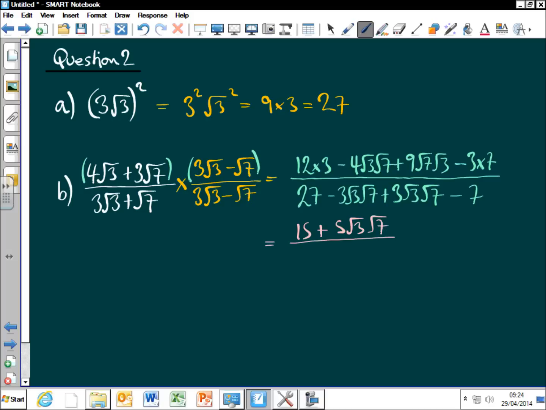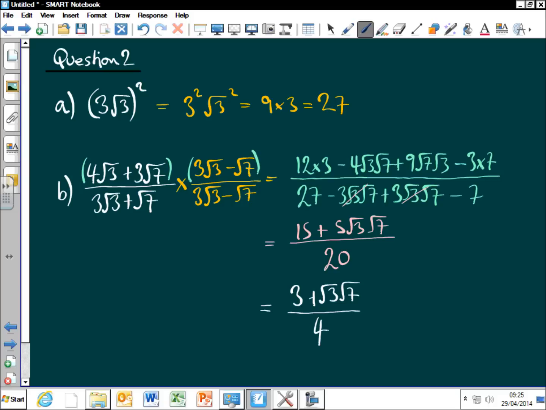Okay, and then on the bottom we'll see that this and this cancel, so I've got 27 take away 7, so that's just 20. And then finally you should see that I can divide through the top and bottom by 5, and I get 3 plus root 3 root 7 divided by 4.